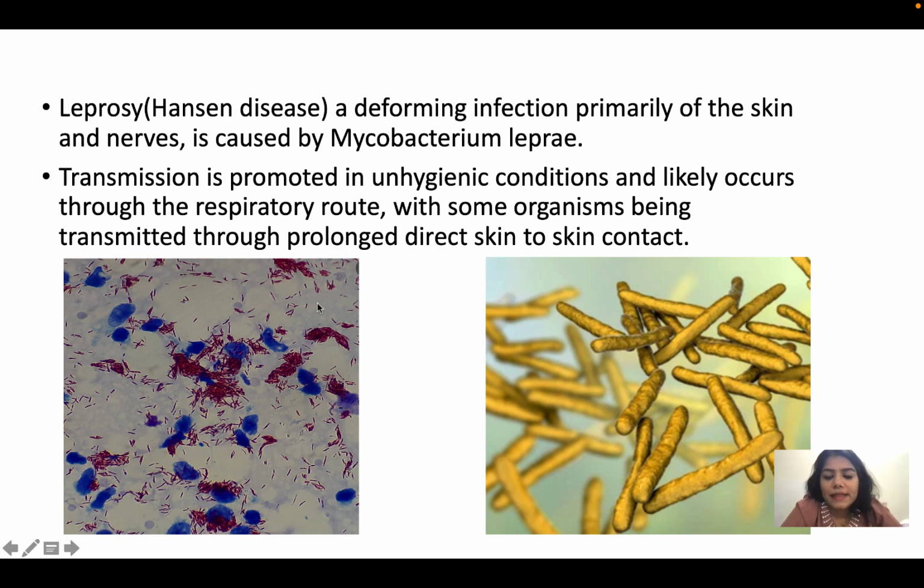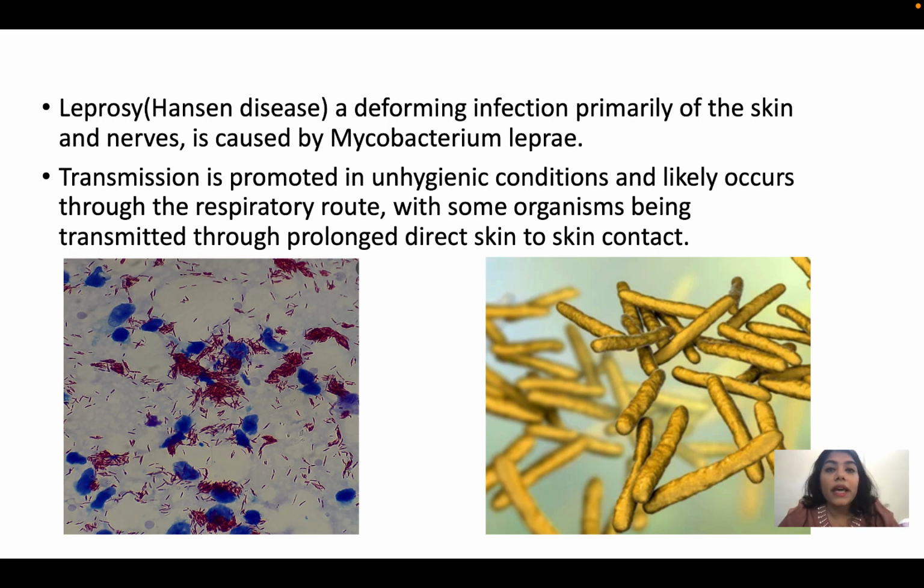So leprosy or Hansen's disease is a deforming infection, and it is caused by M. leprae, and the two sites which it involves, you should remember, are the skin and the nerves. Transmission is promoted in unhygienic conditions, basically in those communities where people are living close together, where a lot of people are living in one household.